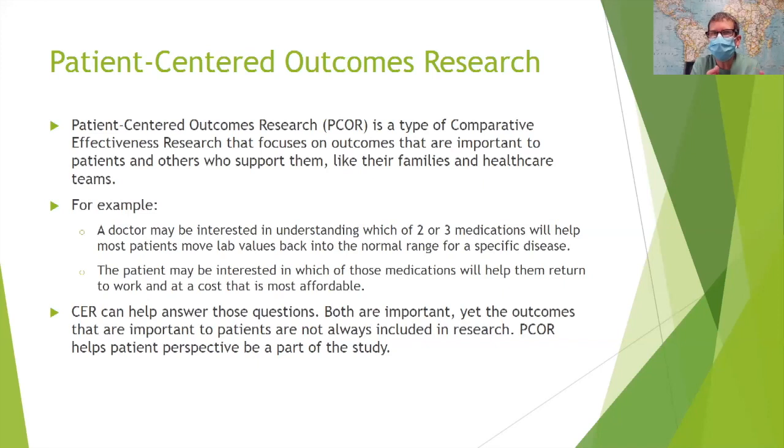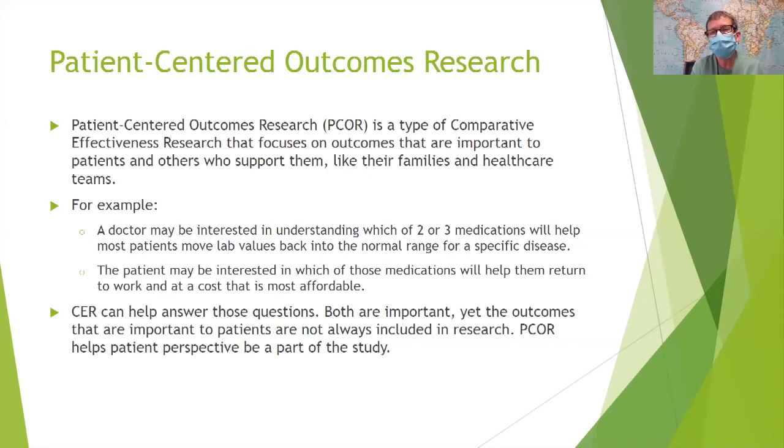With comparative, you're going to have two or more. But regardless, in either one, we want to look not only at what the researcher thinks are important outcomes to study, but also the patient or the population that is to benefit should have some opportunities to weigh in on the outcomes they think are important.